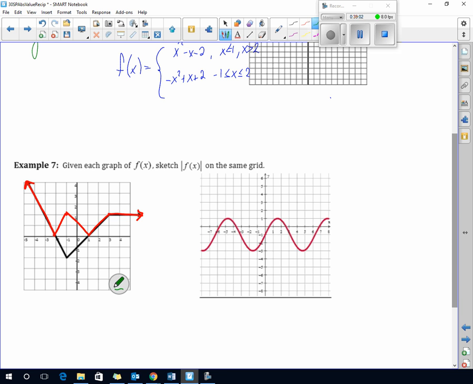Right here gets reflected. 1, 2, 3, 1, 2, 3. Jagged. I'm just getting the height so I know. There it is. It looks like a worm. No?